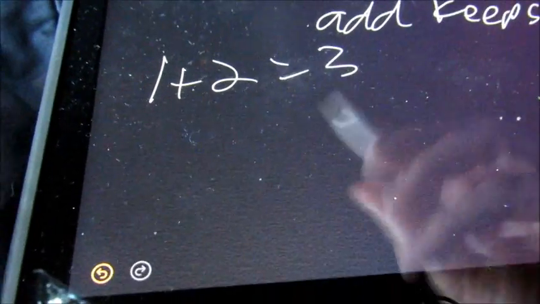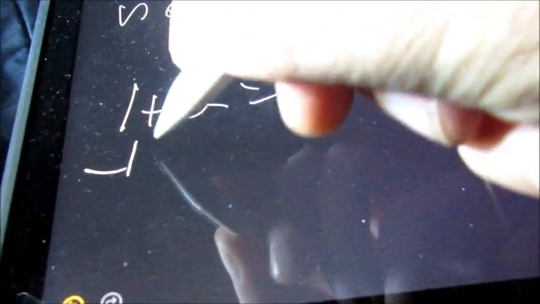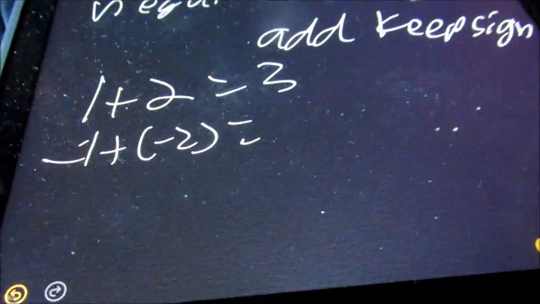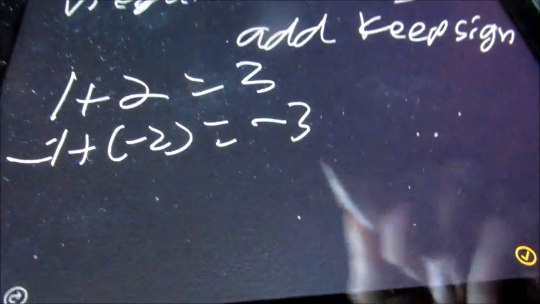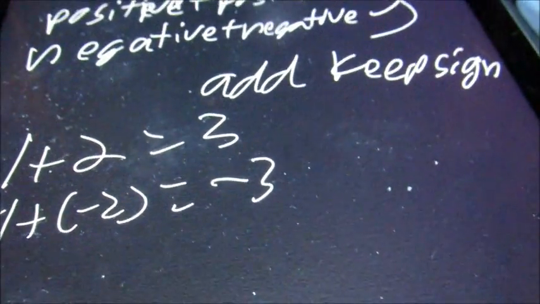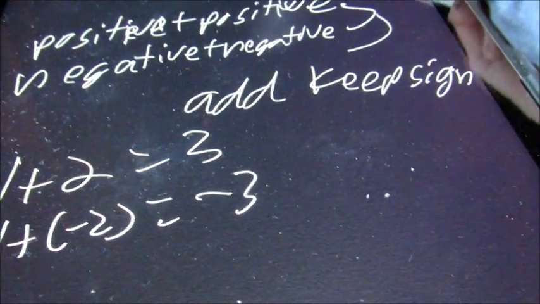So if we had 1 plus 2, just add the numbers and we get 3. If we have negative 1 plus negative 2, both of them are negatives, so we're just going to add them and keep the negative sign, and it's negative 3.